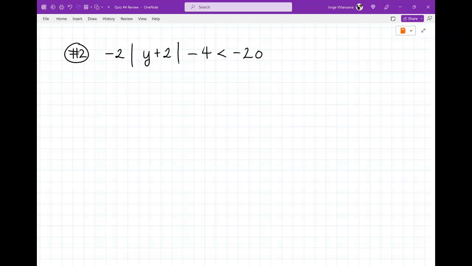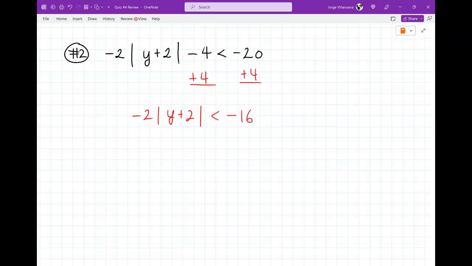So, all right. My first step to doing this problem is I'm going to add 4 to both sides. Okay, I want to get that minus 4 out of the way. So let's add 4 to both sides. So that's going to give me a negative 2 absolute value of y plus 2 less than negative 16.